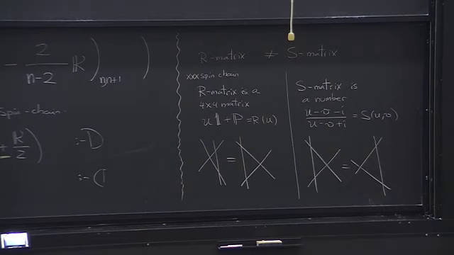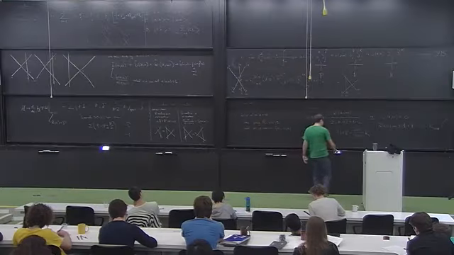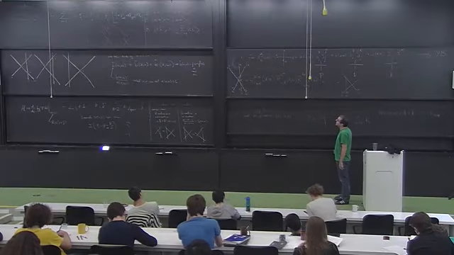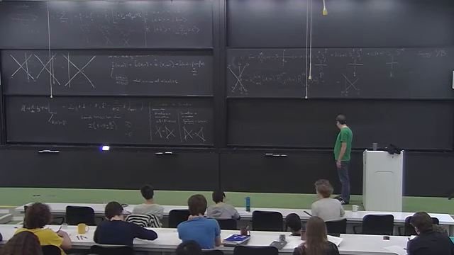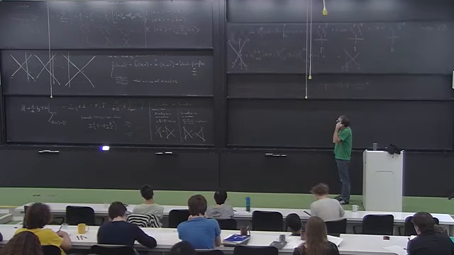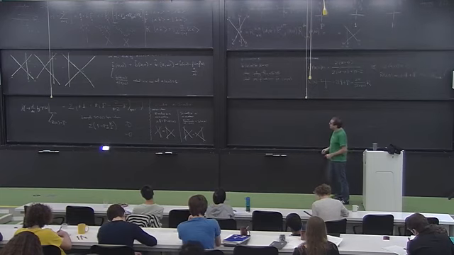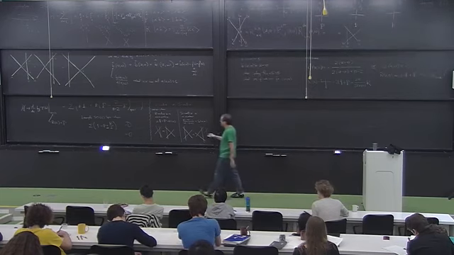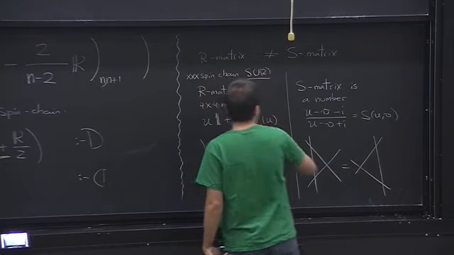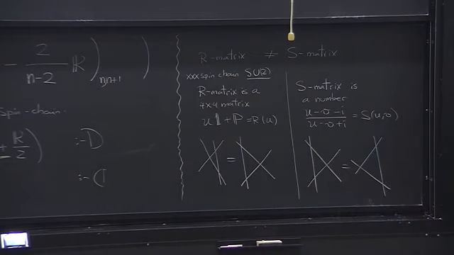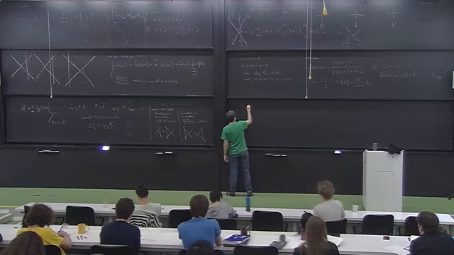But now we could imagine a model. So this would be an SU(2) spin chain. Now let's suppose we would consider an SU(3) spin chain.